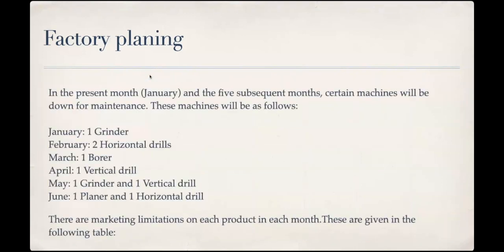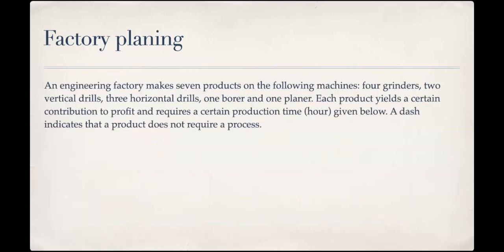In the present month, let's assume it's January, and the 5 subsequent months, certain machines will be down for maintenance. In January, 1 grinder will be down. What does it mean? You cannot use that grinder.